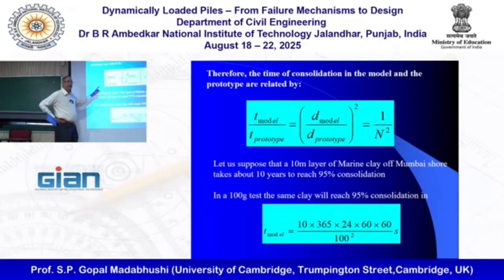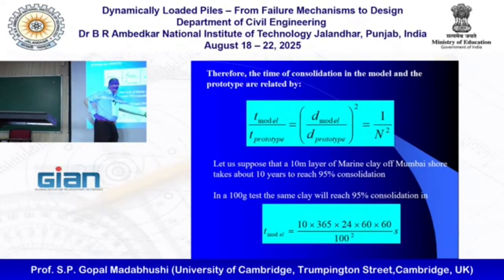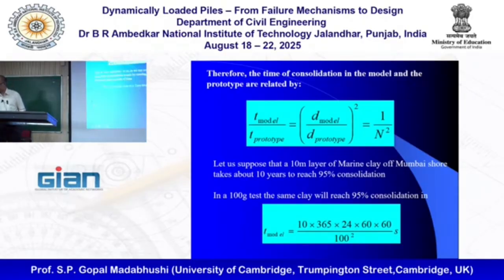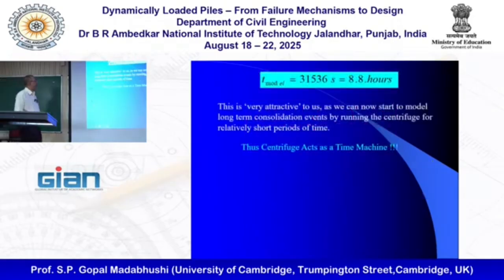Now, I want to do the same test on the Bombay marine clay in the centrifuge at 100 G. Then I'll say, right, 10 years, 365 days, 24 hours, 60 minutes, 60 seconds, divided by 100 squared. Just substituted the numbers. Nothing fancy. Then, if you work out the numbers, that turns out to be about 9 hours, 8.8 hours.